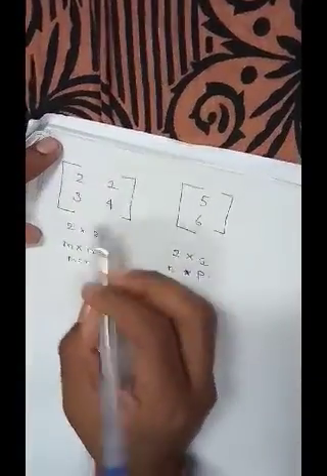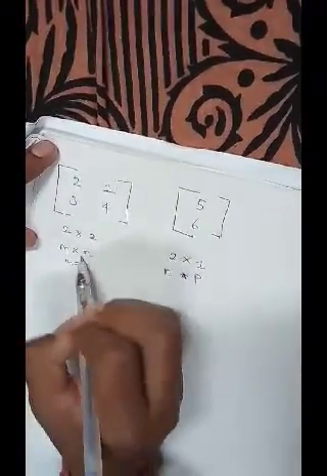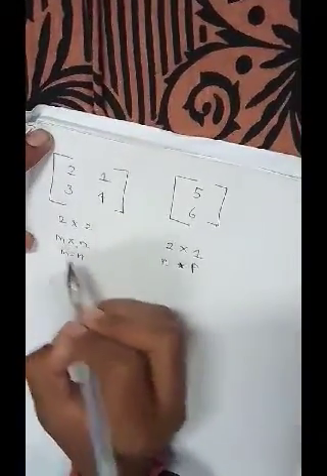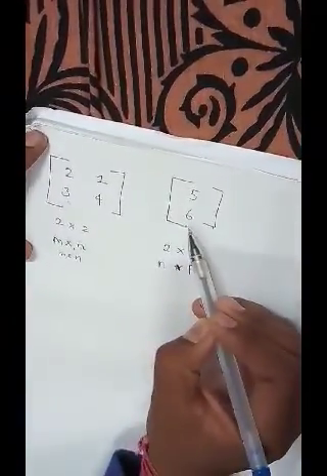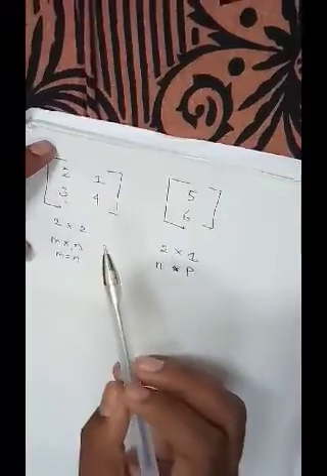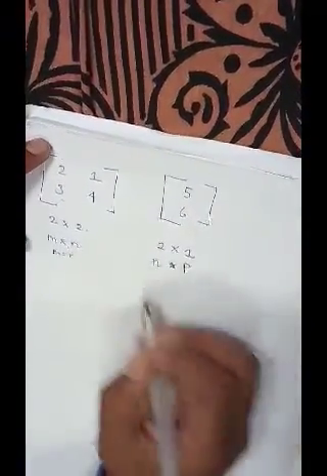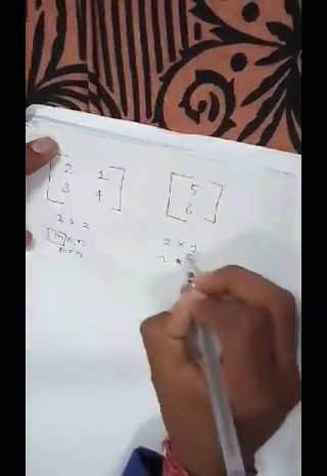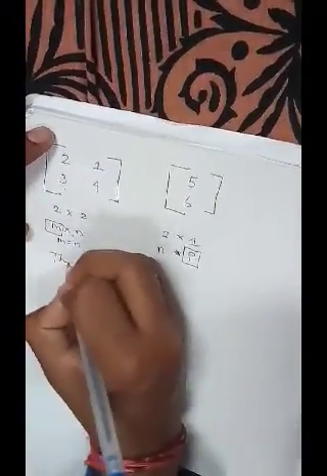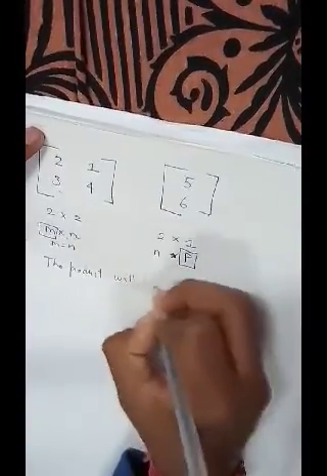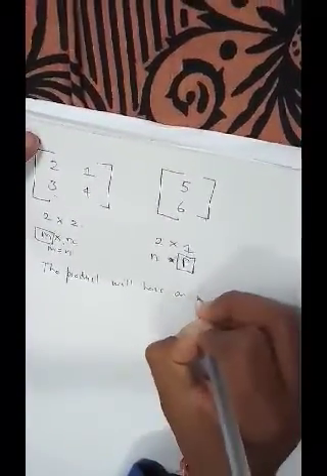Here the number of columns in matrix 1 is equal to the number of rows in matrix 2. Hence the condition is satisfied, and hence we can multiply these matrices. And the product yielded by the multiplication of these matrices will have an order of m into p. That is, the product will have an order n into p.